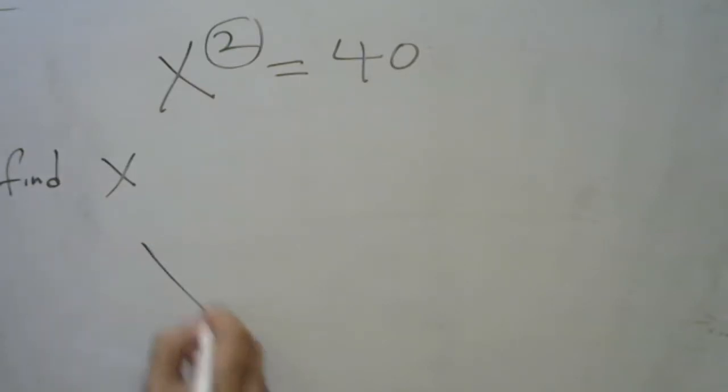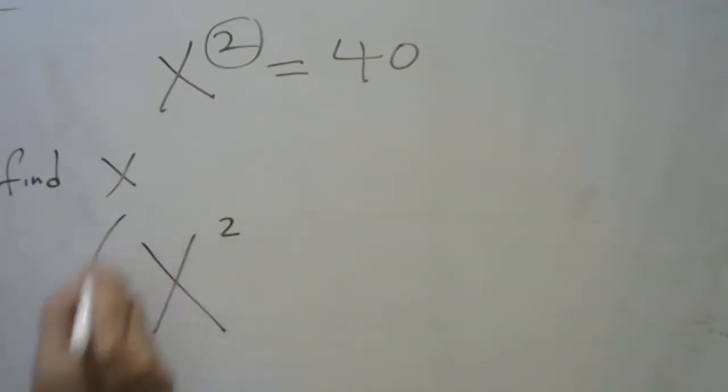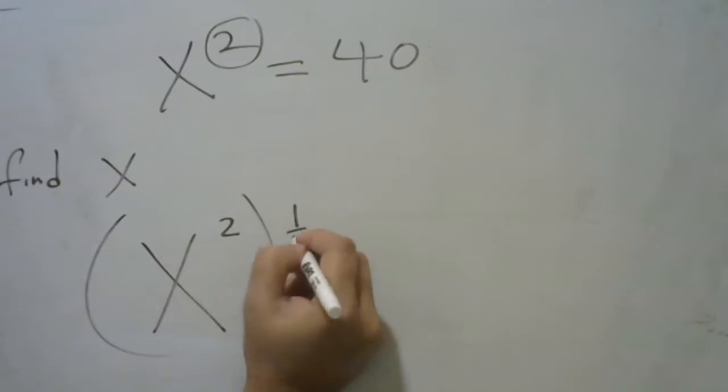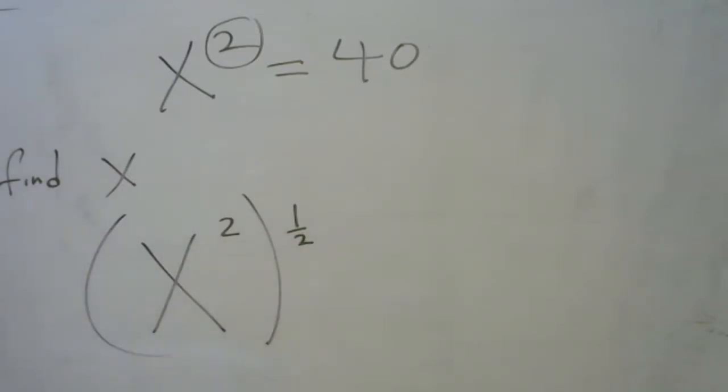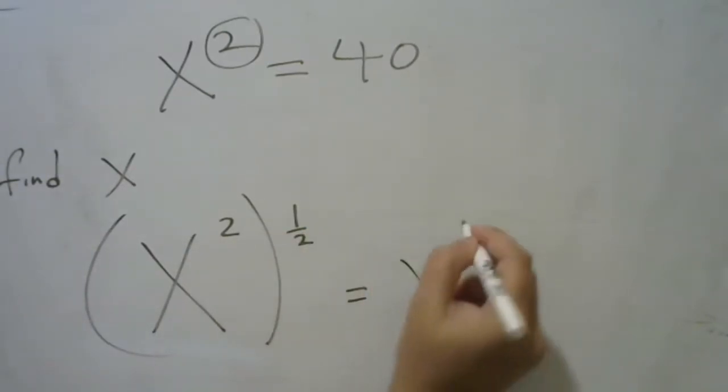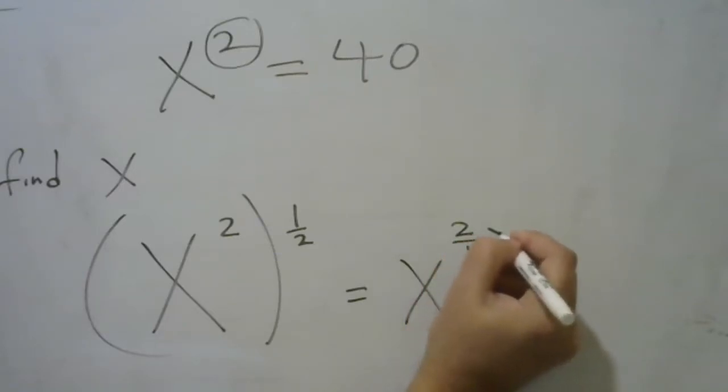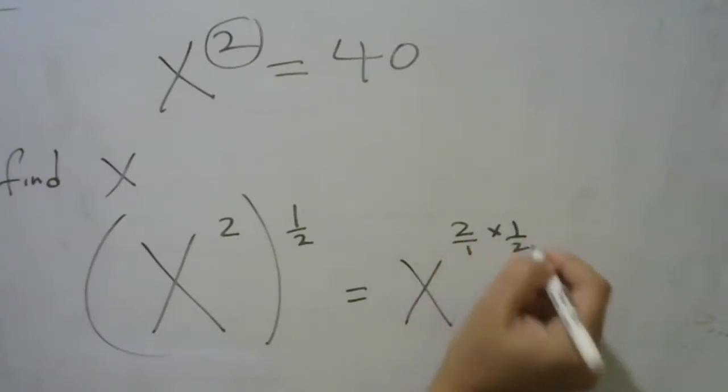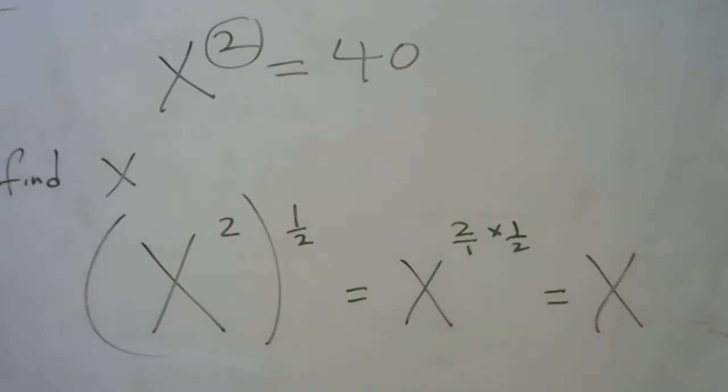The idea is x squared, you multiply by a half. You're going to get x, 2 upon 1 times 1 upon 2. You're going to get x. Agree? Because this is x to the 1, which is x. Right?